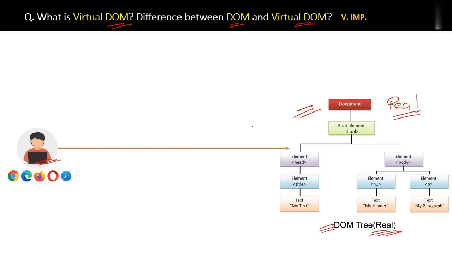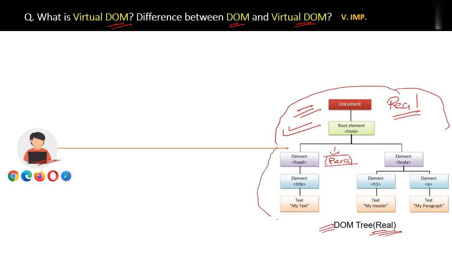Okay. Basically, there is a performance problem in the real DOM. The problem is, even if a user makes a very small change to the web application in the browser, the whole layout will still be rendered in the DOM. Whole rendering will happen.